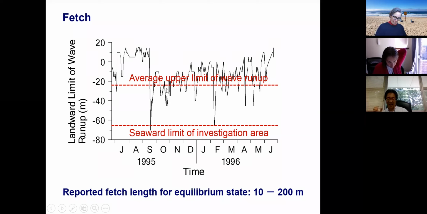So this distance, 40 meters, is the average fetch length in our study. The 40 meters is larger than at least the minimum reported fetch length of 10 meters, and confirms that the 40-meter fetch length is enough for the aeolian sediment transport rate to reach the equilibrium state.